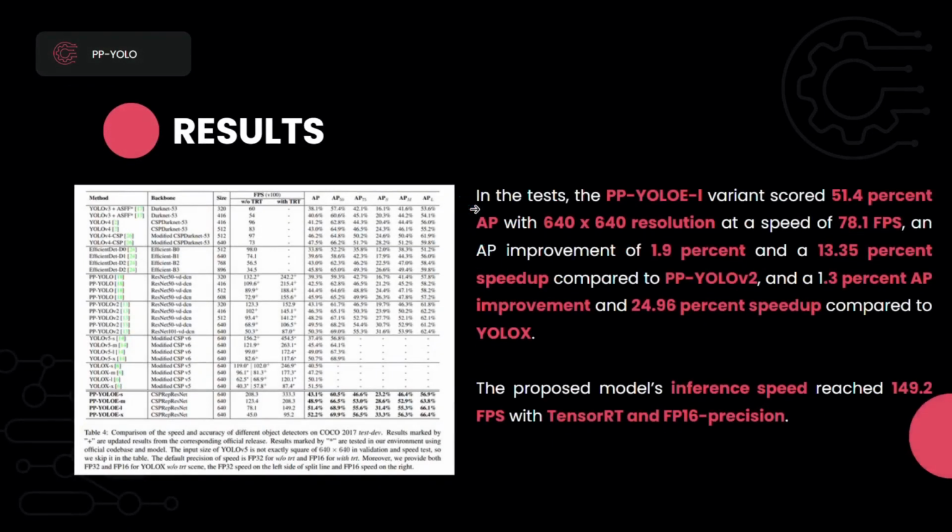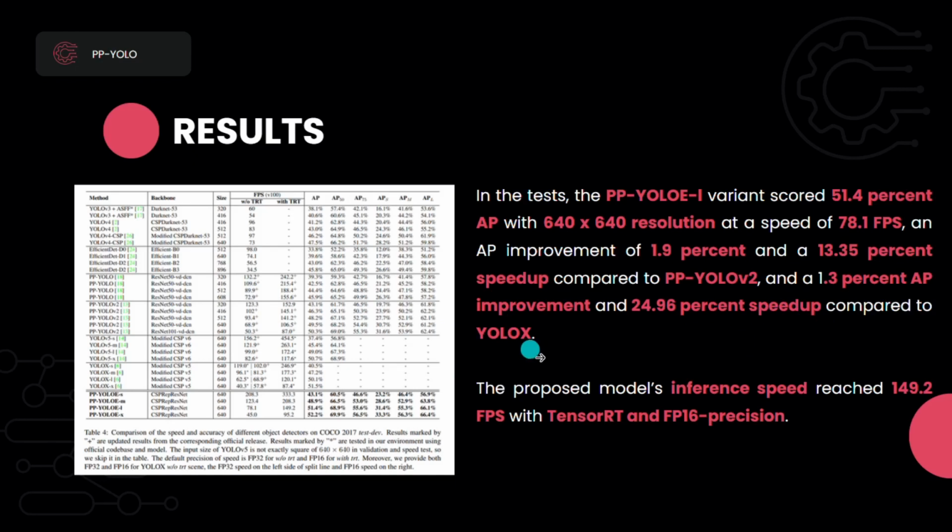So in the test, PP-YOLOe-l, which is the first variant, scored 51.4% mean average precision with 640 by 640 resolution at a speed of 78.1 frames per second, an AP improvement of 1.9% and a 13.35% speed up compared to the PP-YOLOv2 model, and a 1.3% AP improvement and 24.96% speed up compared to the YOLOx model.